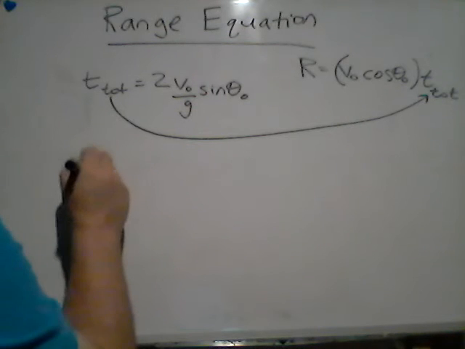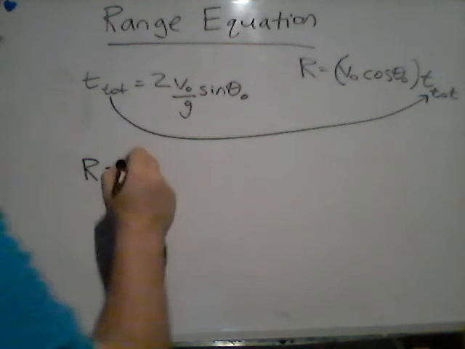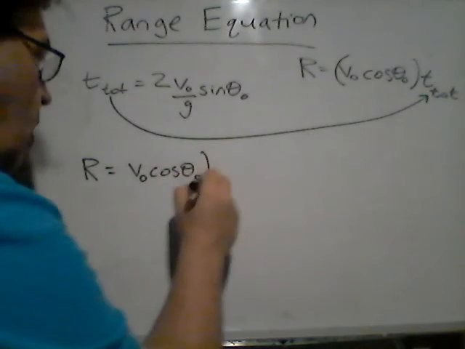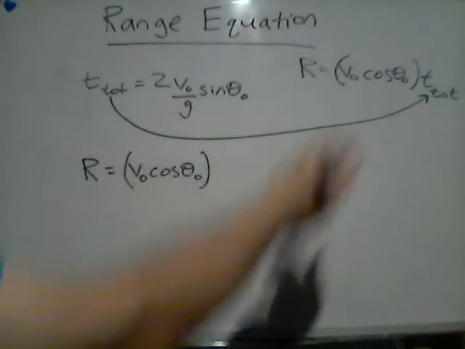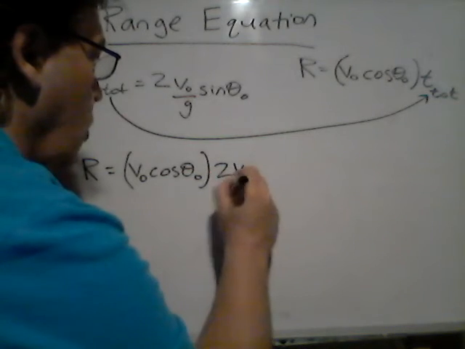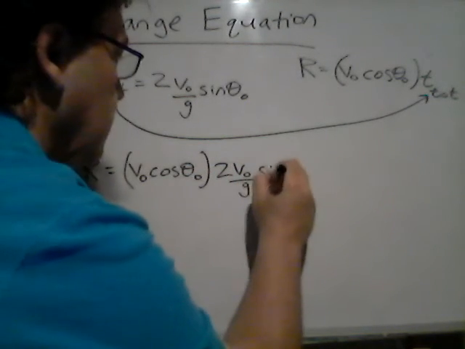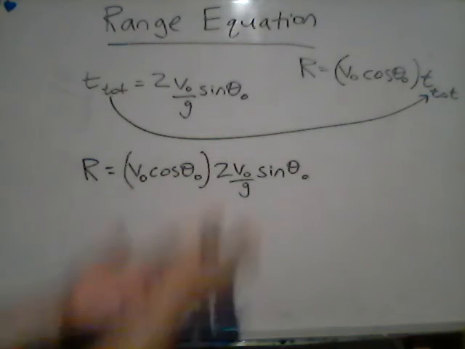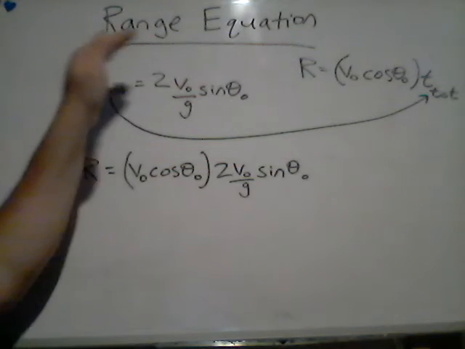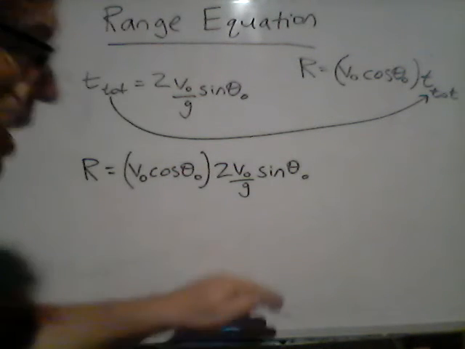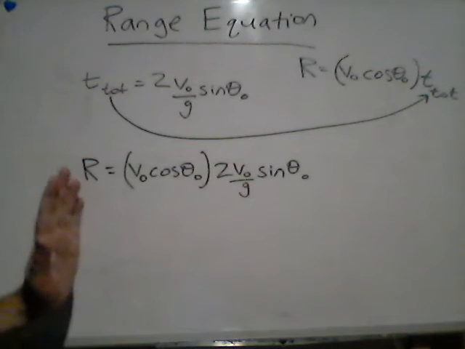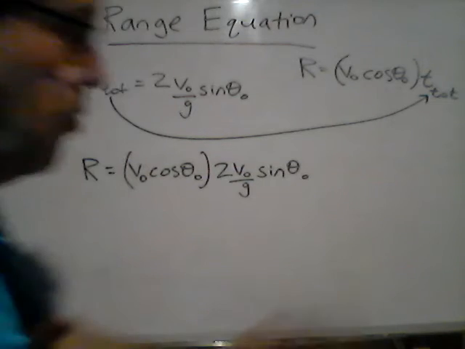And so now the range becomes v naught cosine of theta naught multiplied by the total time, which is 2 v naught over g sine of theta naught. All I've done is derive the total time it'll take for the projectile to go all the way up and then all the way back down. And that's going to equal the total time for the projectile to go its entire maximum range.